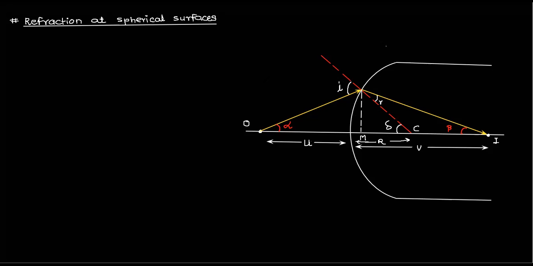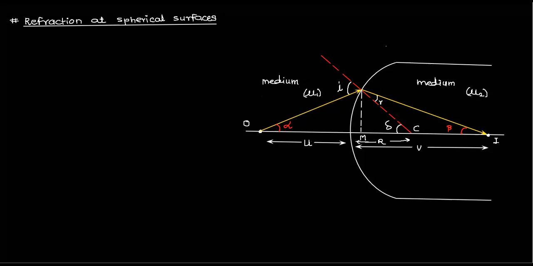This is medium 1, with refractive index mu 1. And this one is medium 2, with refractive index mu 2.